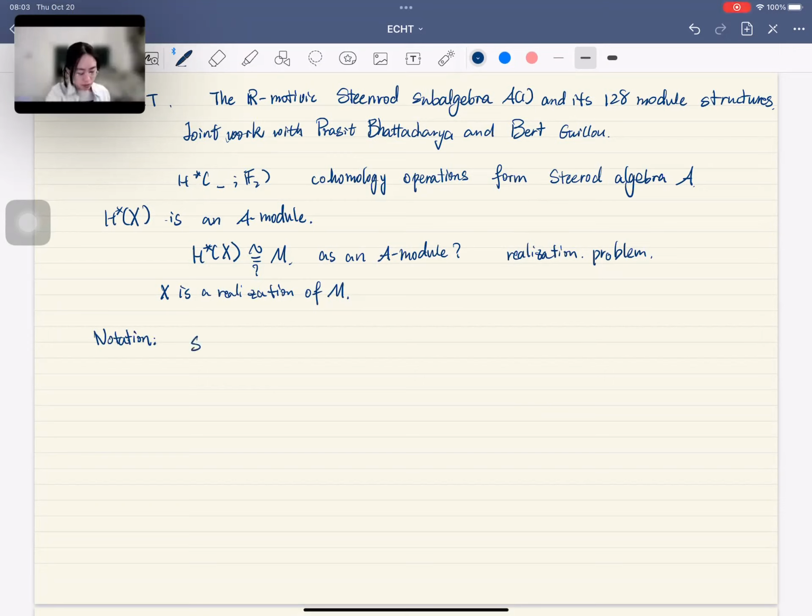I'm going to denote S/2 as the cofiber of multiplication by 2 on the sphere spectrum, and similarly for the Hopf map eta, with a one-fold suspension. Then we can cook up another small spectrum Y by smashing those two together.